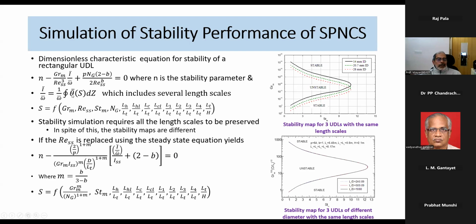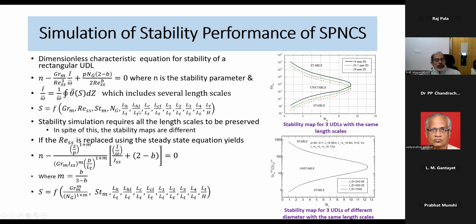And if you integrate this, you will find a lot of length scales come into this. And you find there are 4 physical parameters: the modified Grashof number, the Reynolds number, the Stanton number, and the geometric number. And over this, the Reynolds number is a constant, the steady state value.